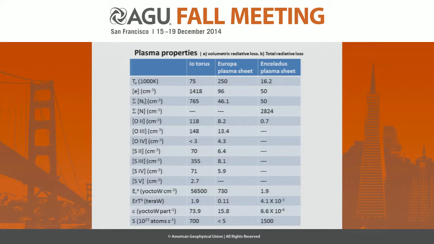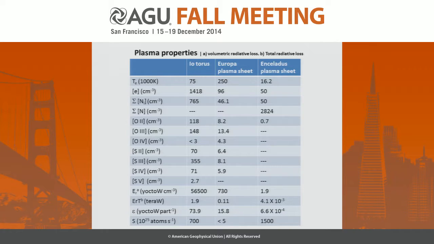Let's ignore this, except to say that you've got a lot of radiant energy coming out of the torus. Down here are rates. This is what Io has to put into the system, in a scale of 10 to the 25 atoms per second, 700. To keep Europa going, less than 5 on that scale. This is a column for Enceladus, very different because it's a weakly ionized plasma, but it's a good thing to compare to.